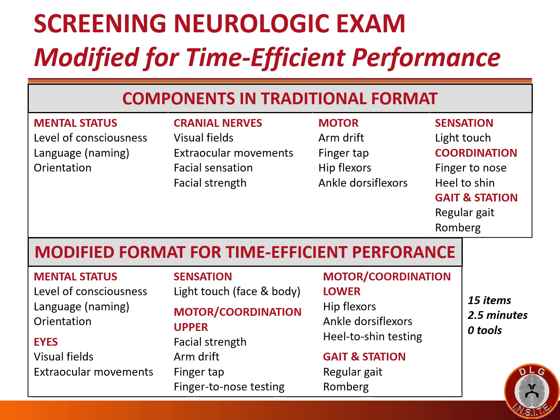But we have eliminated the cranial nerve category and instead have eyes, which consists of visual fields and extraocular movements; sensation, combining light touch over the face and body; motor coordination upper, which includes facial strength, arm drift, finger tap, and finger to nose testing; motor coordination lower, which includes hip flexors, ankle dorsiflexors, and heel to shin testing; and no change in gait and station, consisting of regular gait and Romberg. Once again, there are 15 items. It takes about 2.5 minutes, and there are no tools.